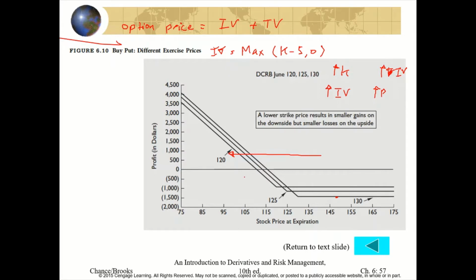That's why we see here that the put option with the highest strike price has the highest profit. The put option with the lowest strike price costs us less, however, it will always achieve a lower profit compared to the other strike prices.